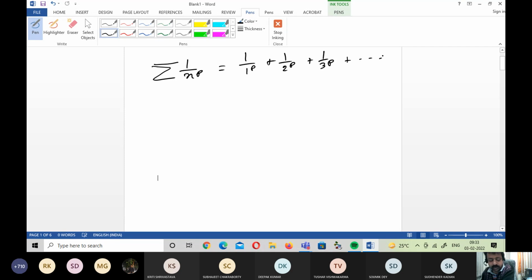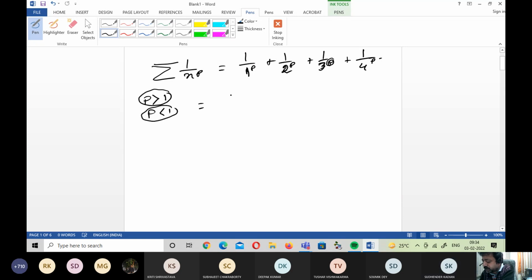In this way it will go on. So this is called the P series. For the P series, where p is greater than 1, this is a convergent series.